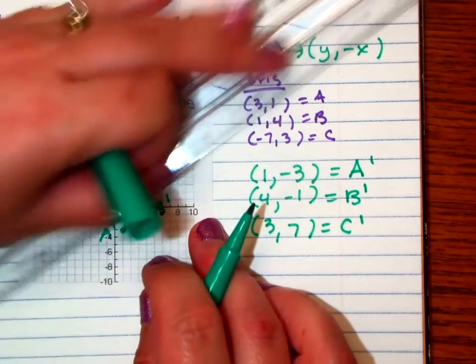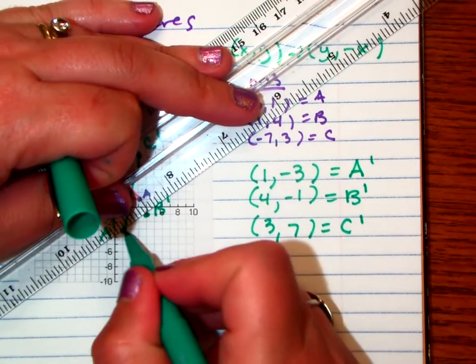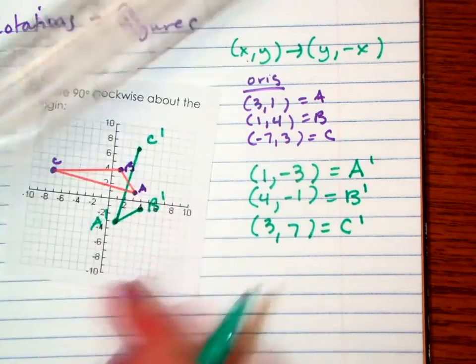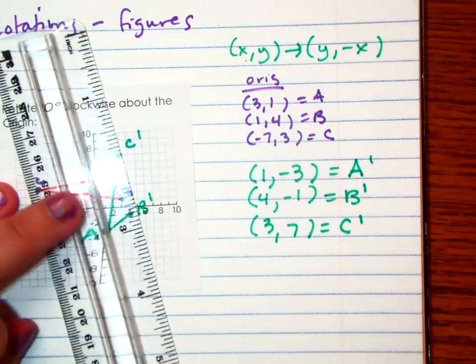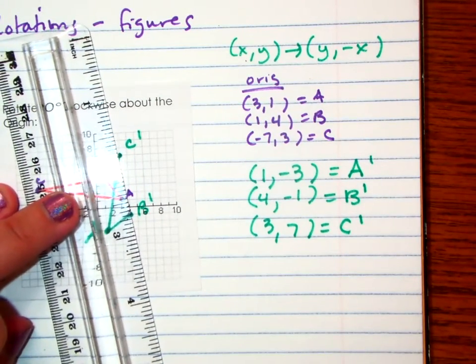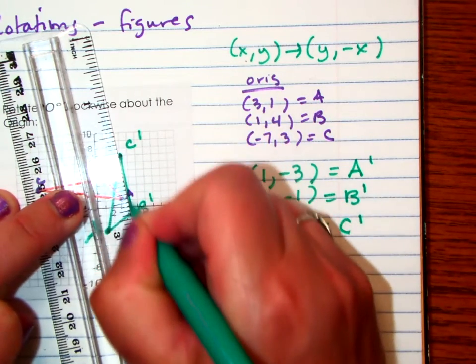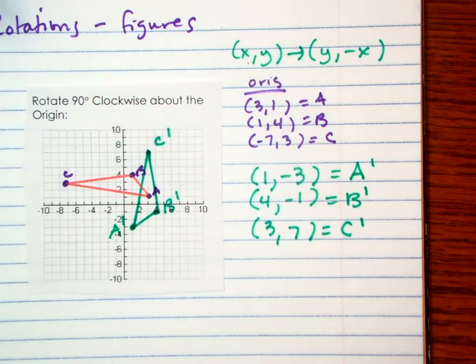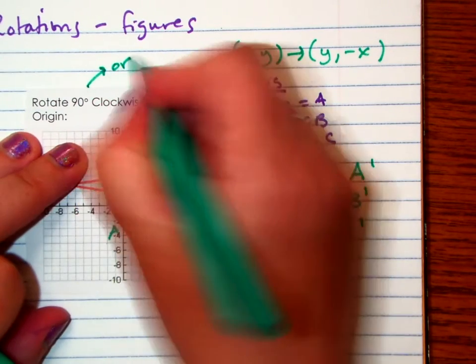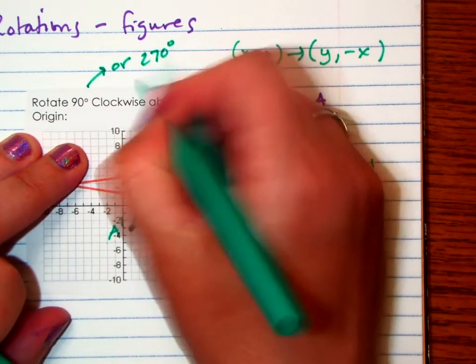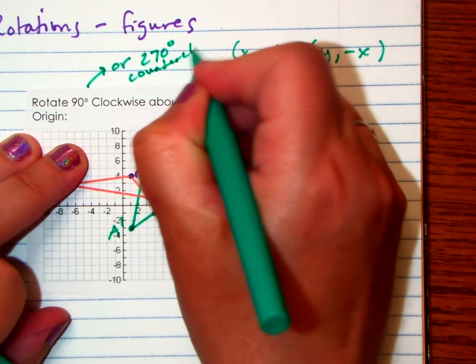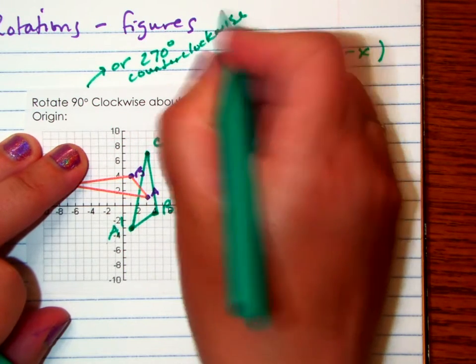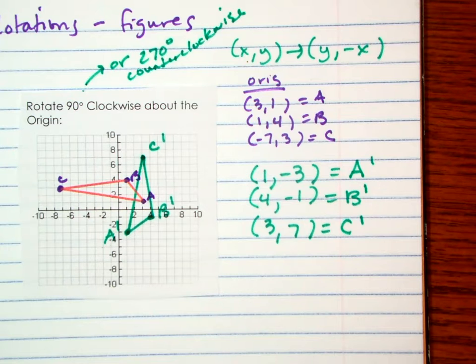Okay, A prime, B prime, C prime, and here's my new figure under a 90 degree clockwise rotation, or remember, this is also the same as a 270 degrees counterclockwise rotation.